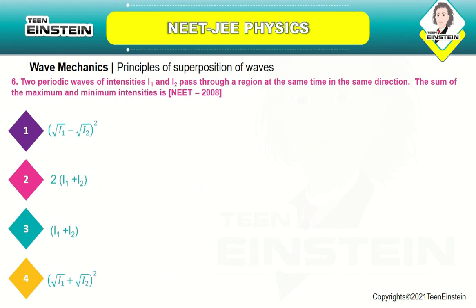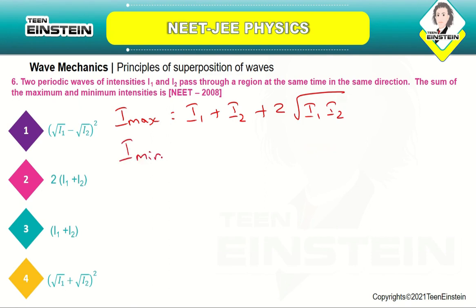Okay, so here I max is equal to I1 plus I2 plus 2 into root of I1 I2, and I minimum is equal to I1 plus I2 minus 2 into root of I1 I2. Okay, so what they're asking is the sum of maximum and minimum intensities.